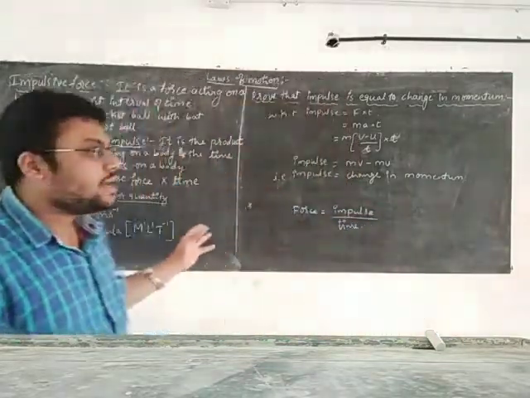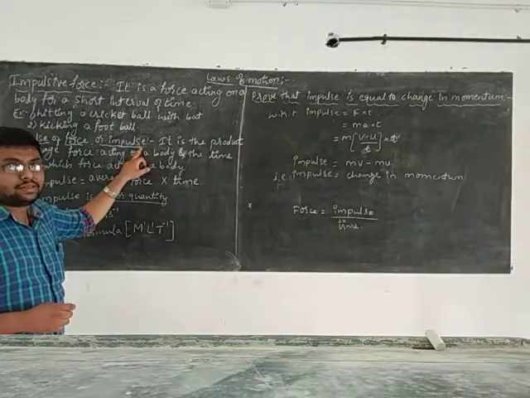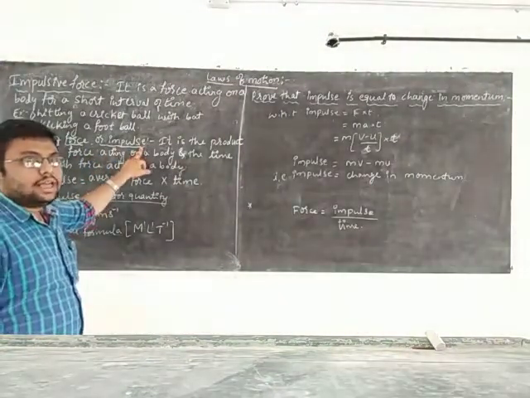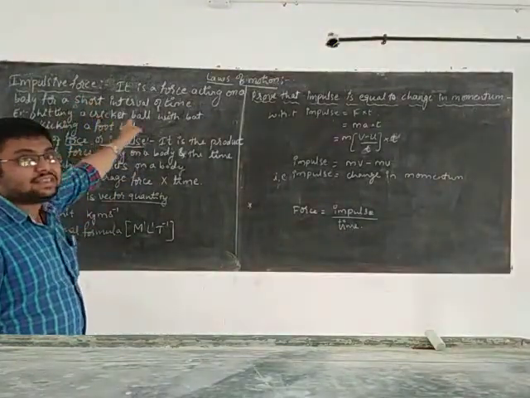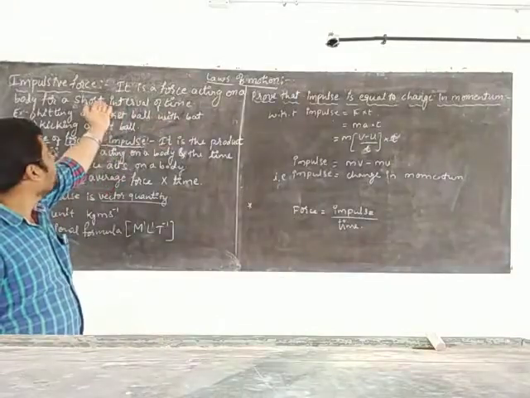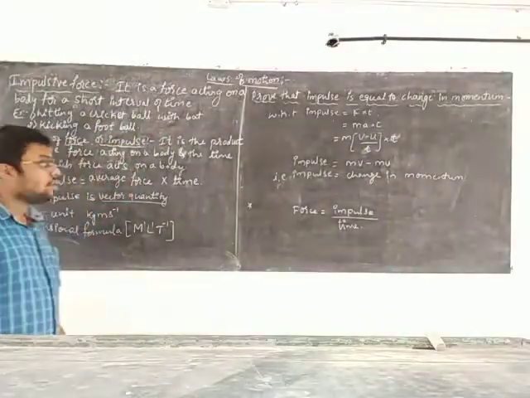And next comes impulse of a force, or simply we can call it impulse. Don't get confused. In the examination, if you are asked for impulsive force, you have to write this definition only. Impulsive force is different and impulse is different. Okay.